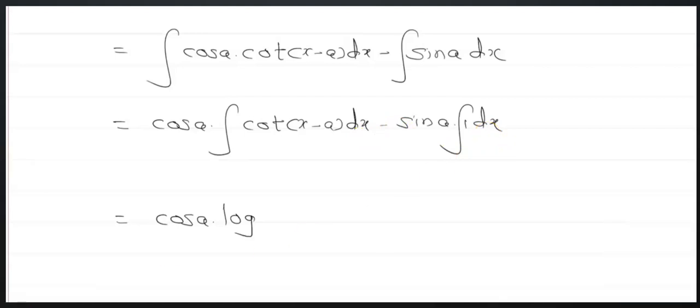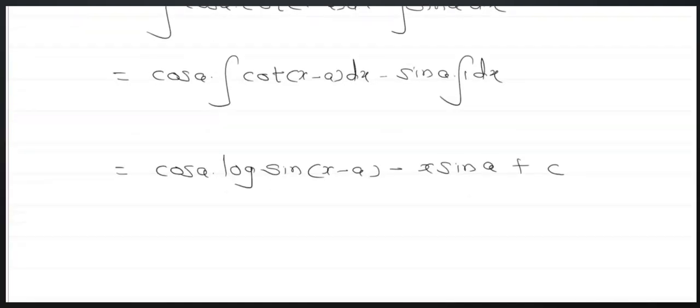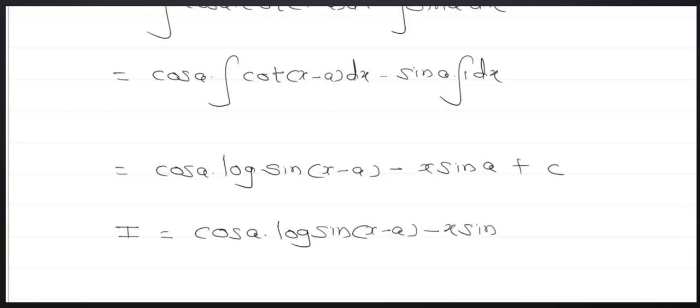Therefore, cos of a log of sin of (x − a) minus x sin a plus c, and this is the final answer. Therefore I is equal to cos of a log of sin of (x − a) minus x sin a plus c.